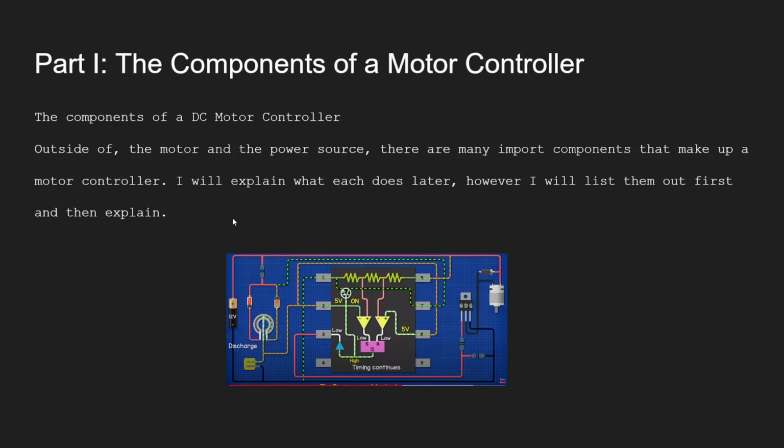The components of a DC motor controller, outside of the motor and the power source. There are many important components that make up a motor controller. I'll explain what each does later. However, I will list them out first. This is an example of the completed circuit diagram, and I'll come back to that later.